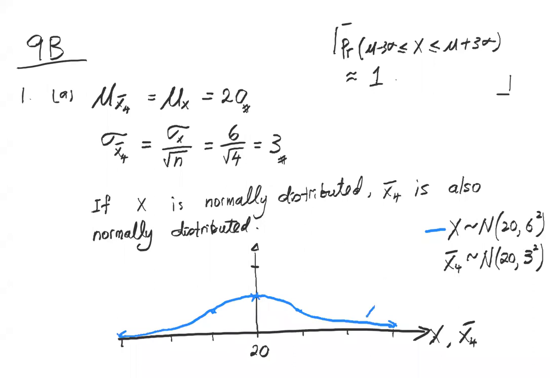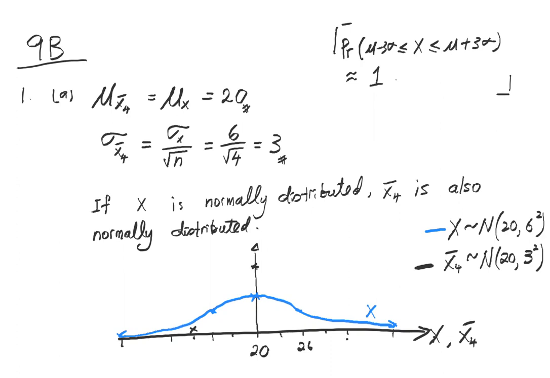So this is my X. I'm going to draw my X bar 4. Start from here, 3 standard deviations away here. Here is 20, here is 26. Am I right?